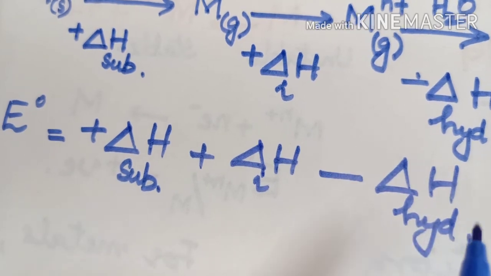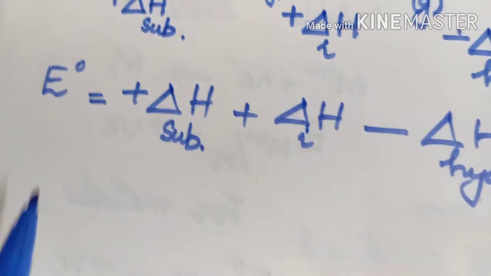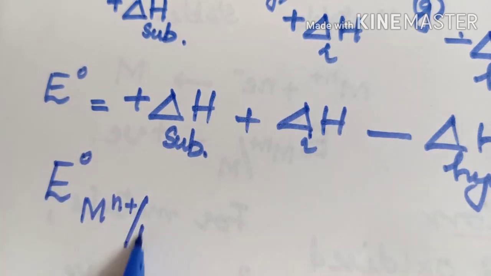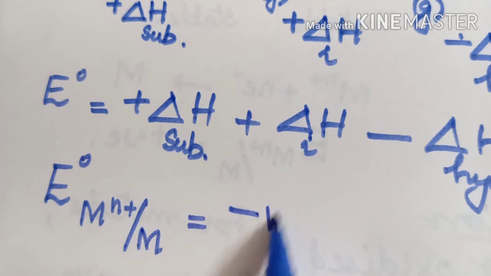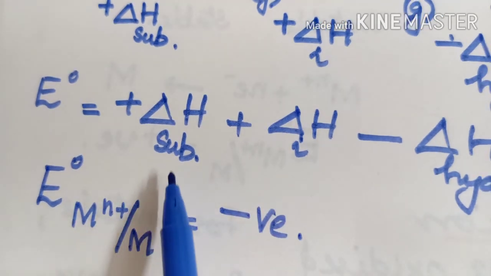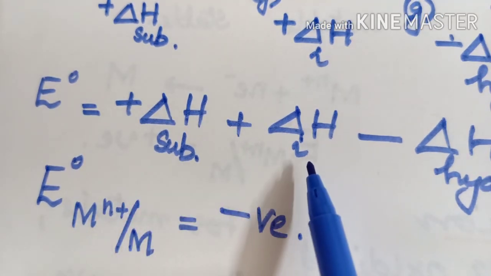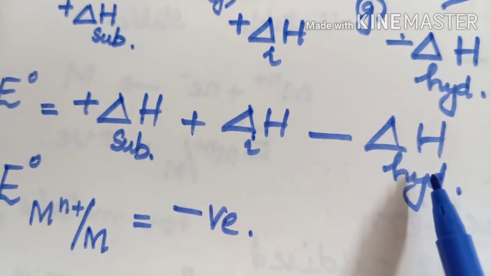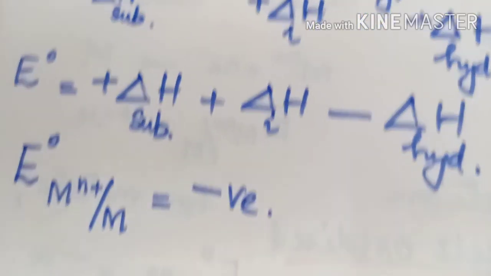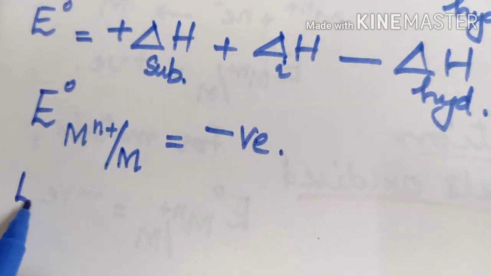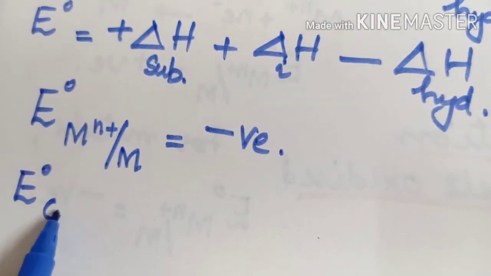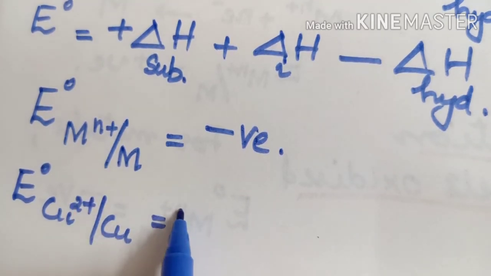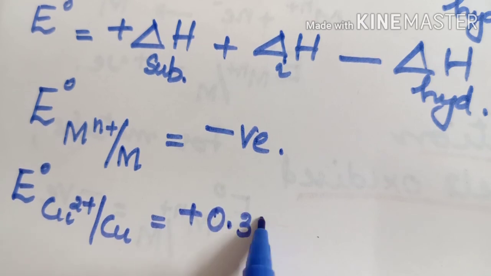So in most of the metals, you find that the E naught value for metals will be always negative. The reason is the sum of the sublimation and ionization enthalpy is less than the hydration enthalpy involved. In the case of copper, the E naught value of Cu2+/Cu is found to be plus 0.34 volt.